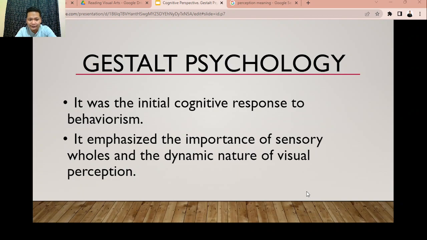It emphasizes the importance of sensory wholes and the dynamic nature of visual perception. So it's more sensory, right? It's more of visual perception. That's why I shared those pictures with you, because of course you perceive them, and you were able to analyze soon that there are actually two words you can read there. It could be you or me, it could be optical or illusion.